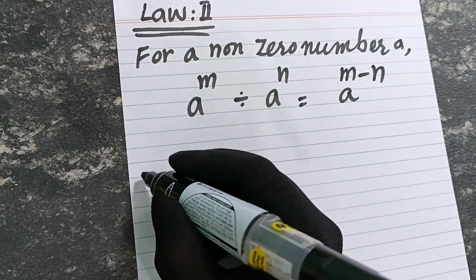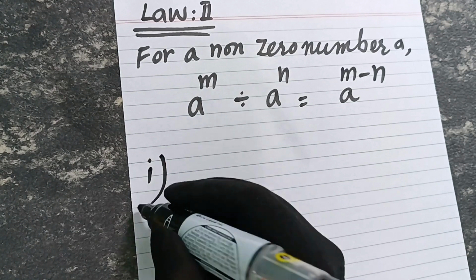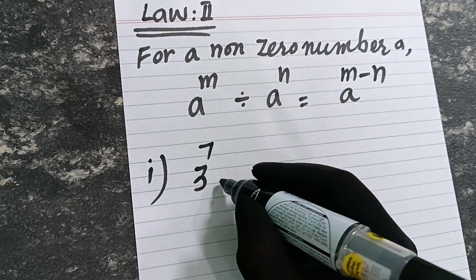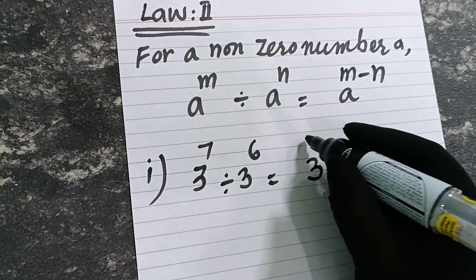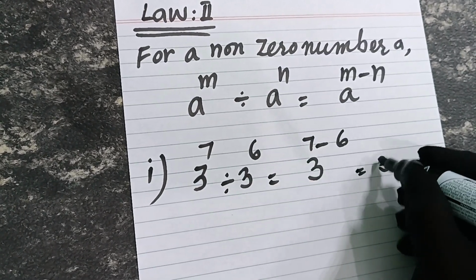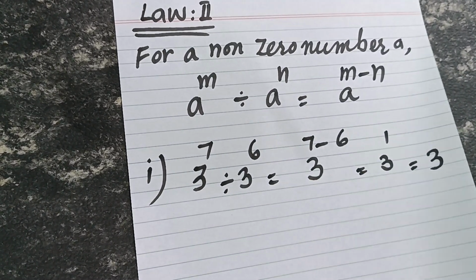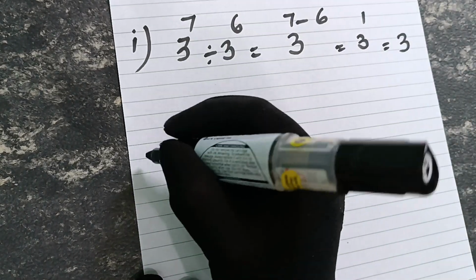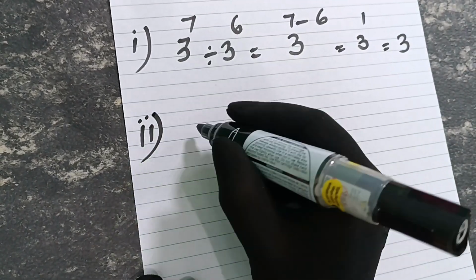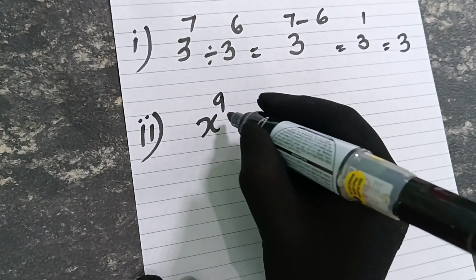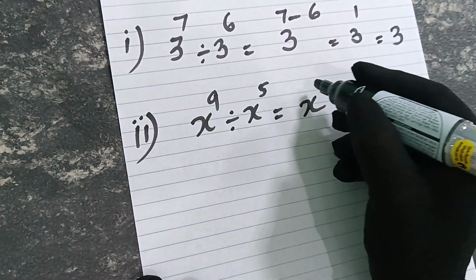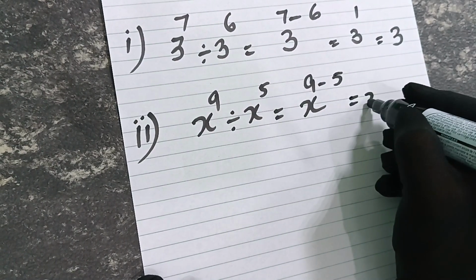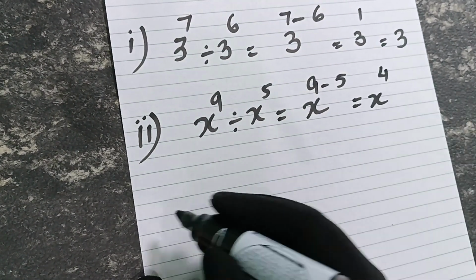I will take a few examples for this one also. Powers will be subtracted. 7 minus 6, 3 power 1, it can be written as 3. So easily it can be solved. X power 9 divided by x power 5, then 9 minus 5, and the power of x will be 4.